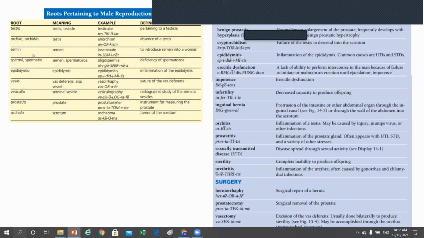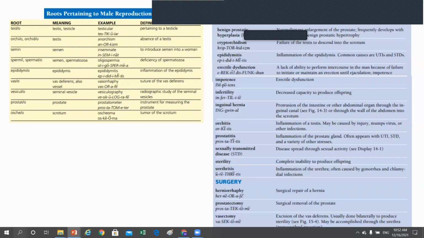Then we have semen, the seminal fluid. Inseminate means to introduce semen into a woman. For example, we have a process which in layman's terms is called test tube babies.